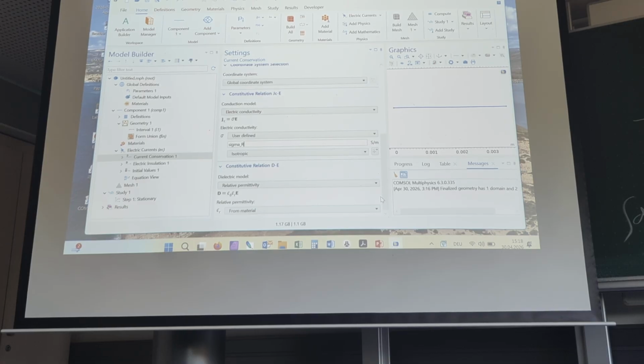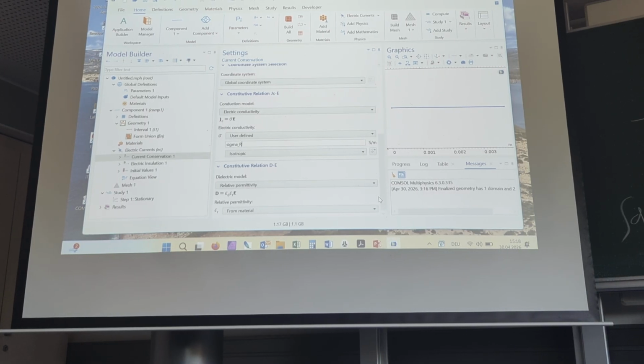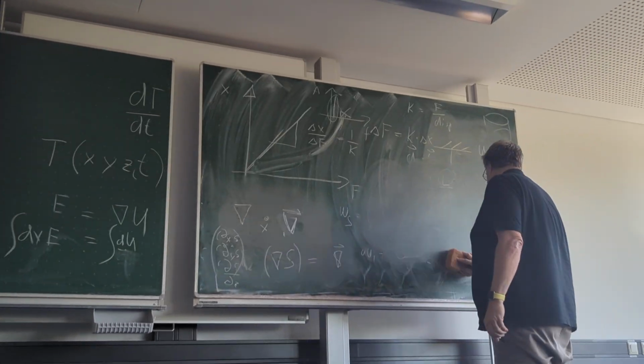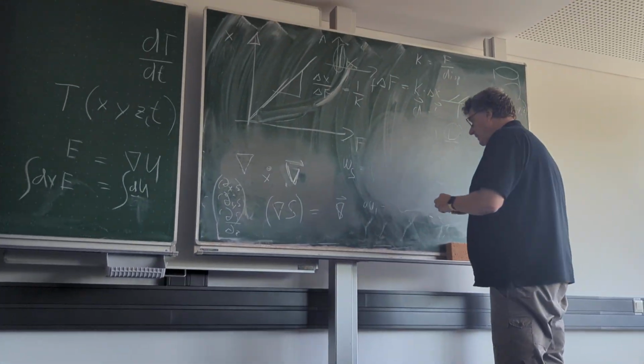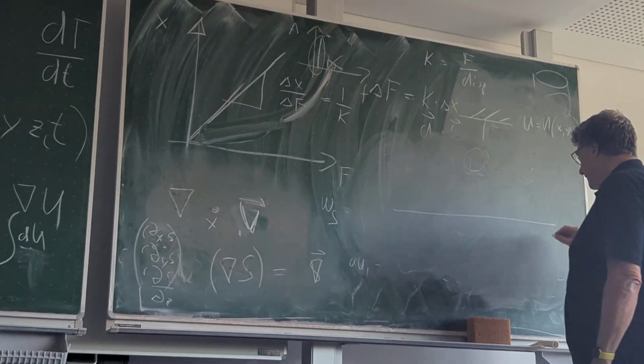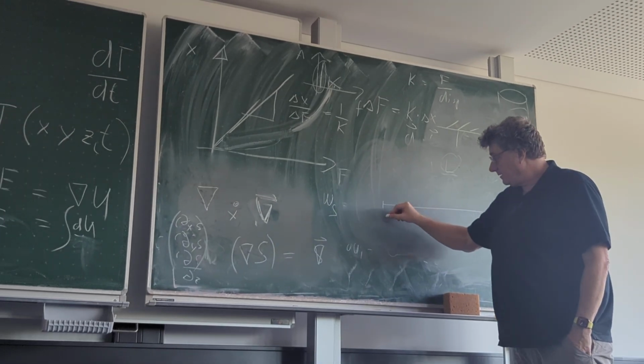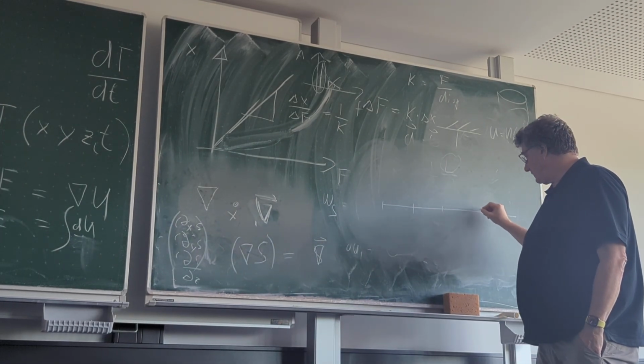Okay, another topic I forgot to mention when I talked about the mesh. Maybe I just do it now here on the table instead of moving through all the slides again. We have our 1D wire, and we have mesh elements.